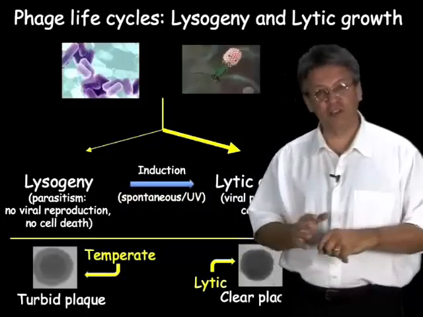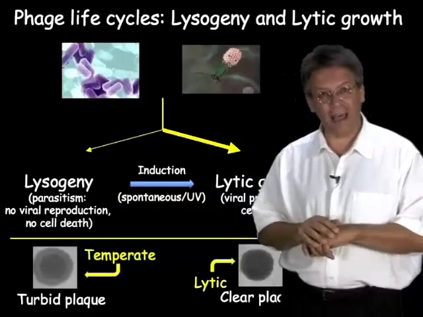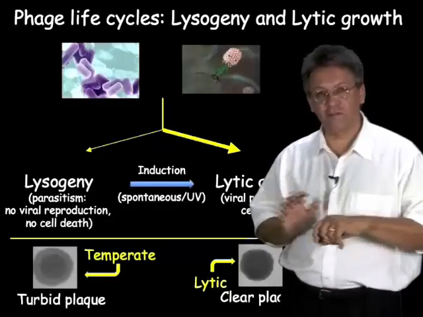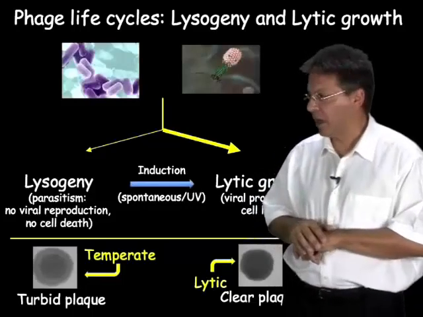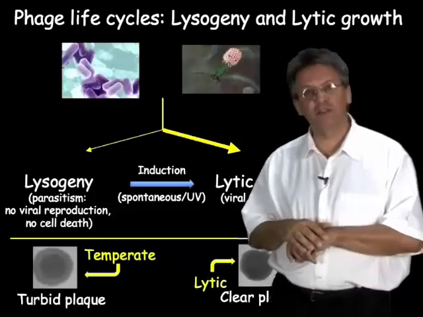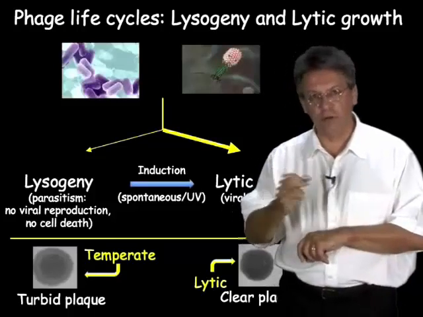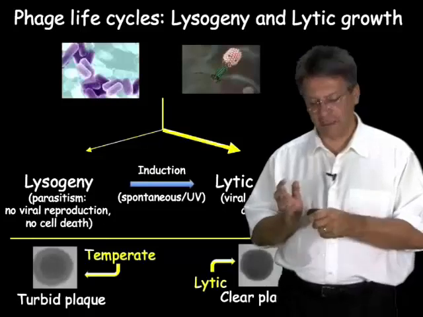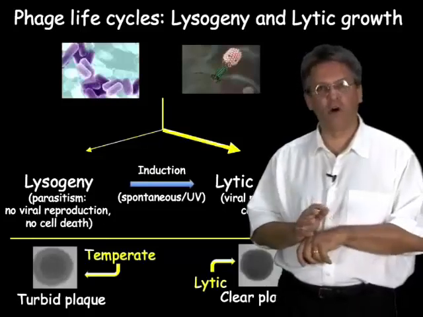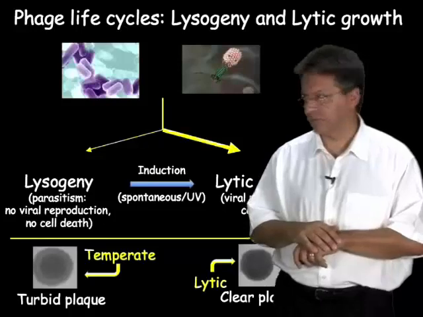So the fact that lysogens can actually grow quite happily, even though there's lots of viruses around to infect them, is referred to as superinfection immunity. Lysogens are immune to superinfection by a phage of the same or a closely related type.